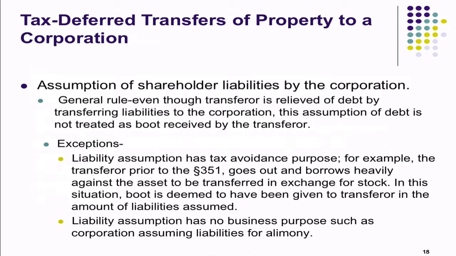I give it all to the corporation. So not only do you get the land, but you also get my liabilities, or the mortgage attached to that land. The general rule is even though I, as the transferor, am relieved of debt by transferring liabilities to the corporation, this assumption of debt is not treated as boot by the transferor.